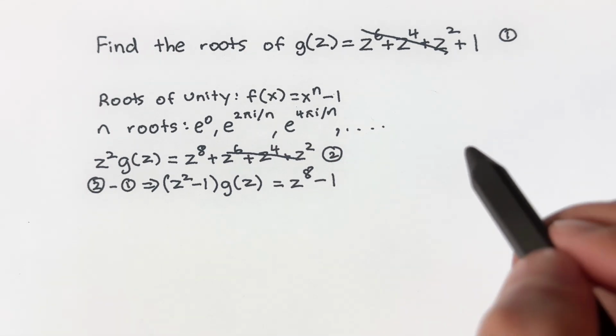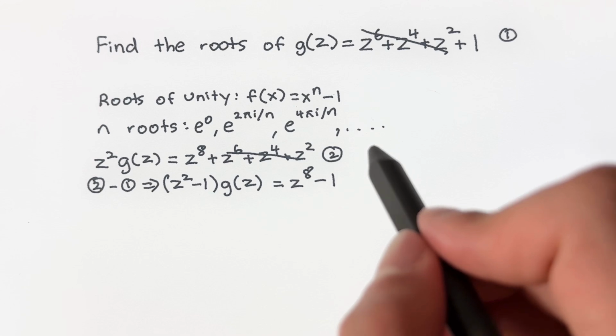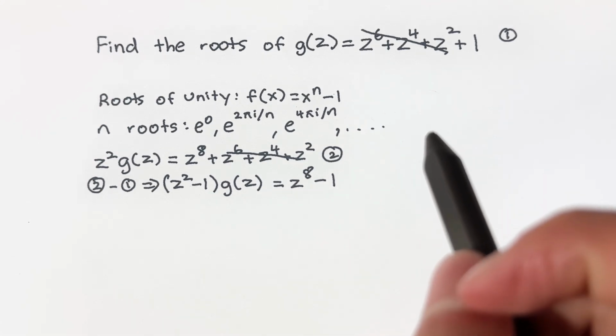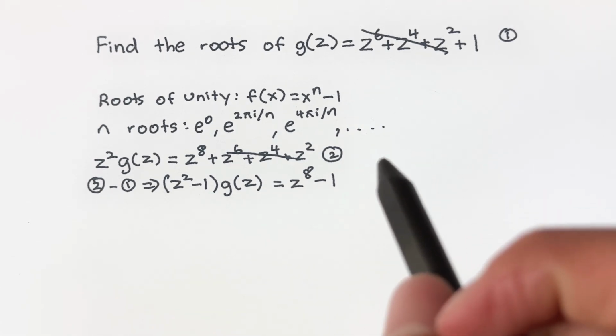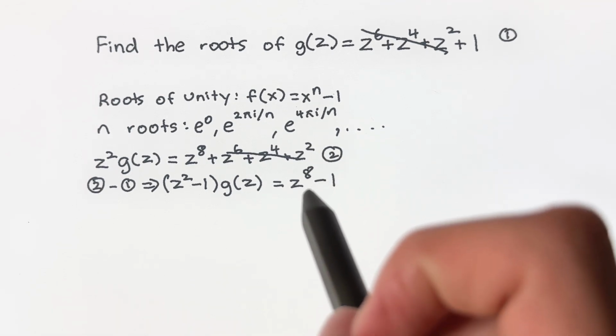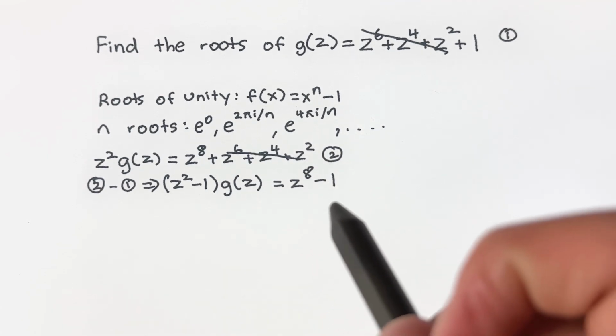So we have written it in the form of x to the power of n minus 1, but we are not done yet. We have to isolate the function. But before we can divide both sides by z squared minus 1, we have to split it into cases.